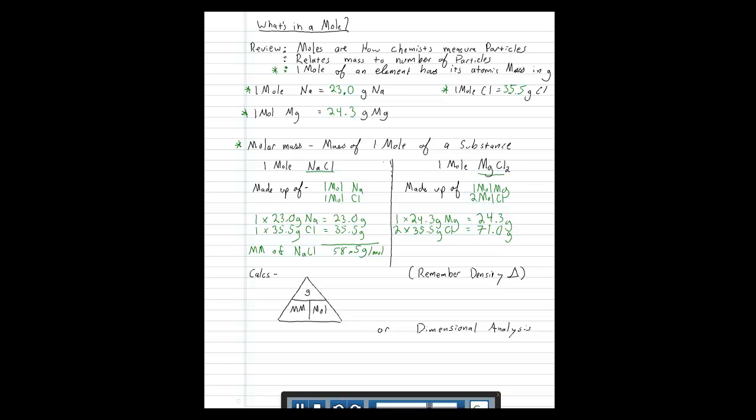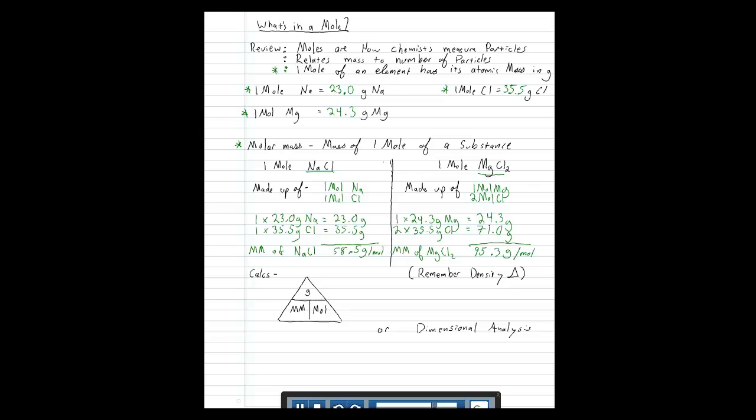The total molar mass, all we have to do is add that up, and we get 95.3 grams per mole. So the molar mass of MgCl2 is 95.3 grams per mole, meaning that every 1 mole of magnesium chloride weighs 95.3 grams.